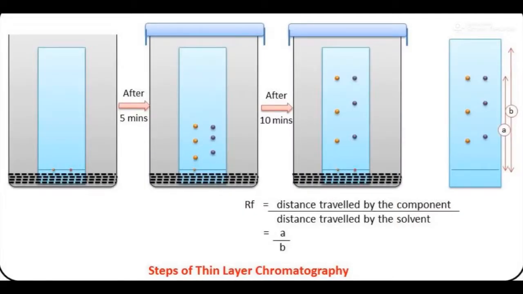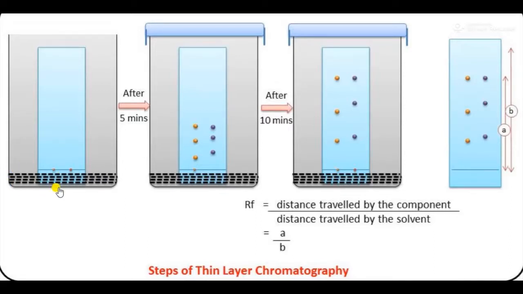You take your TLC plate, the silica plate, and place it in a developing chamber. Before placing it into the developing chamber, you spot it at two different points with two different samples. The samples should be placed above the mobile phase layer.